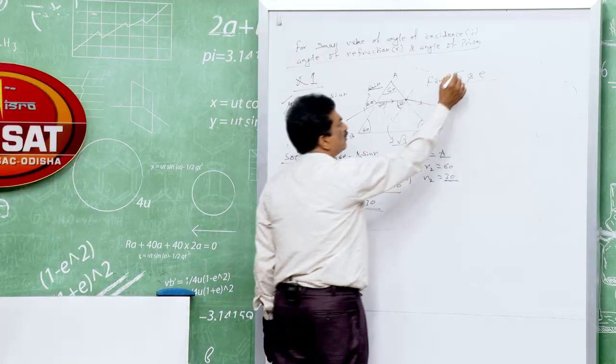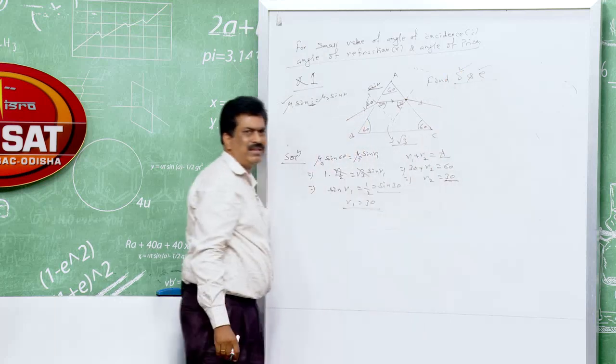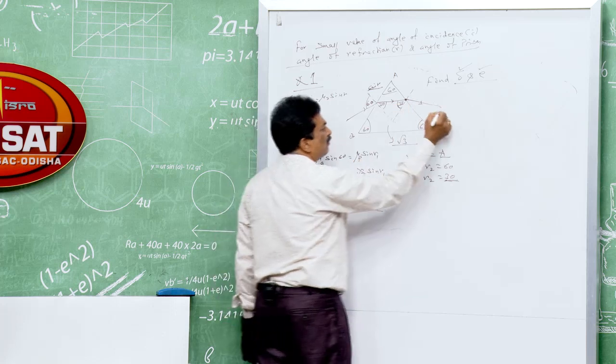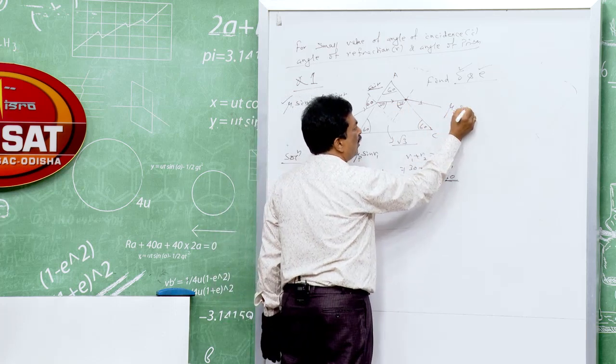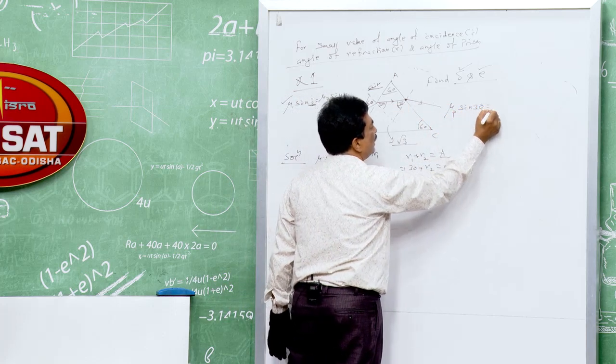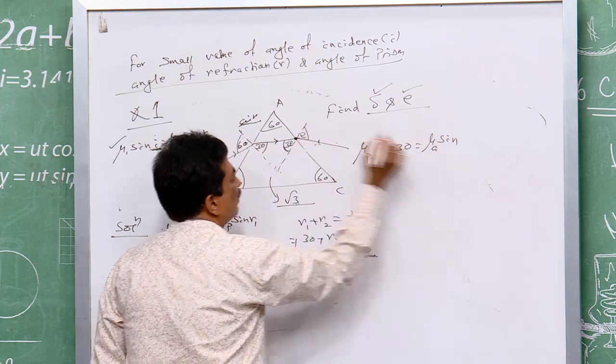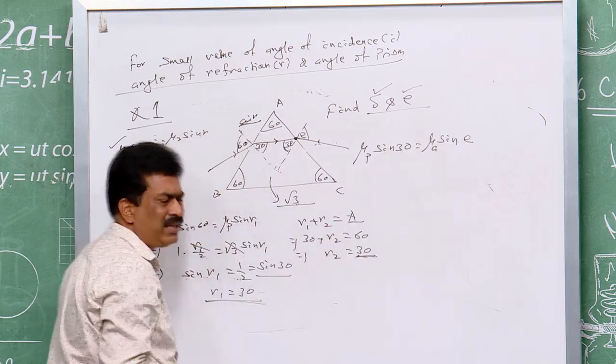But the question is to find δ and e. Refraction takes place according to the formula: μ of the prism times sin 30 equals μ of air times sin e.